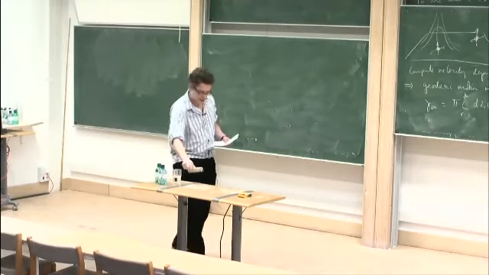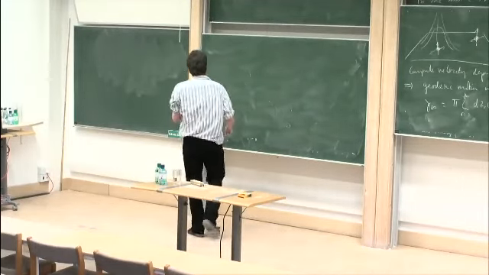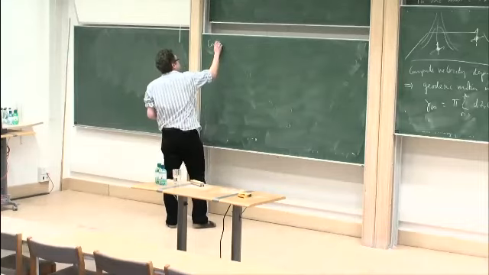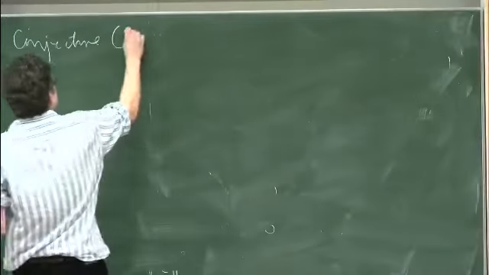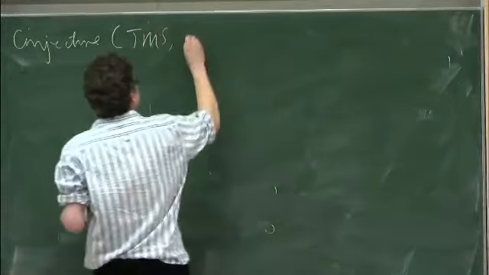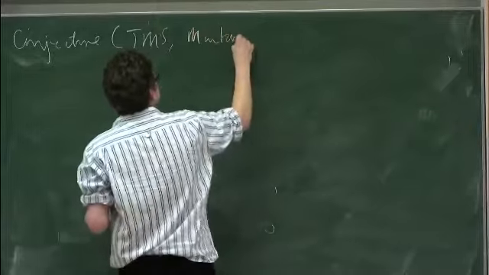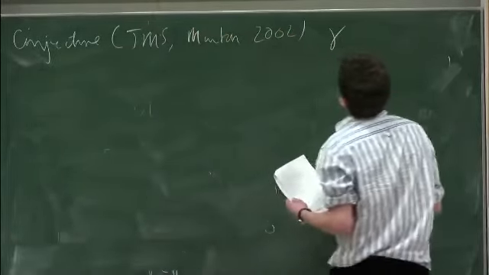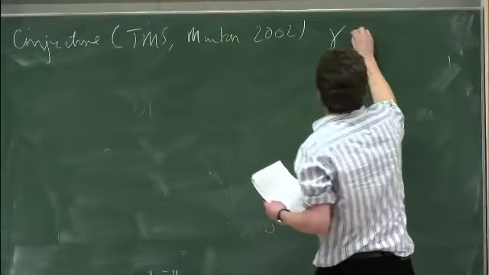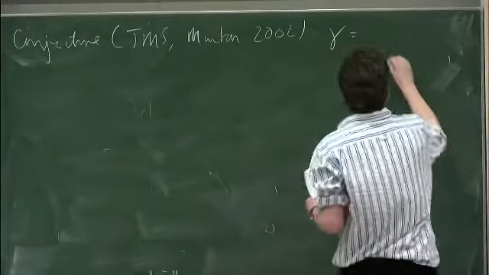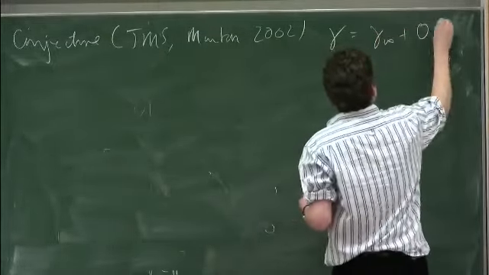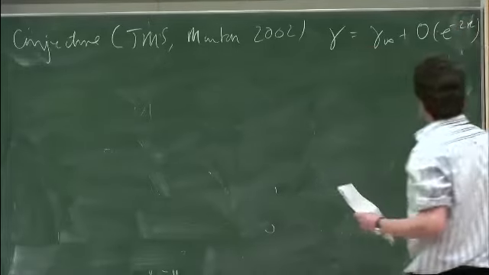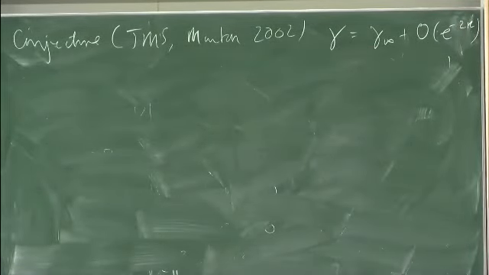This conjecture is due to me and Nick Manton from 2002, that the L2 metric, which I'm calling gamma, is this metric here, plus a correction of order e to the minus 2r.